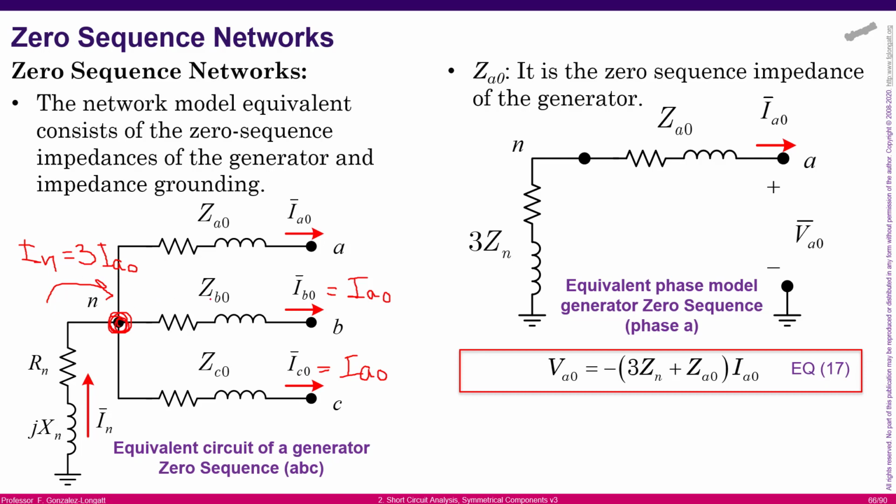The important thing is that we are trying to create an equivalent model for zero sequence. I believe you realize that here there is a voltage drop, and the voltage drop is created by the product between the zero sequence current and the zero sequence impedance. This voltage drop is represented in the equivalent model like this voltage drop over there.